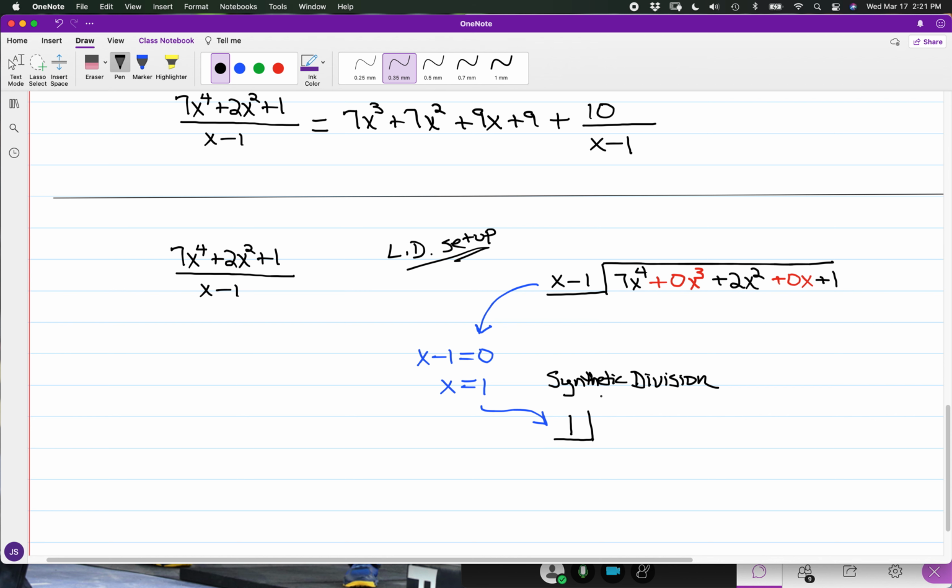So you're not going to see the letter x in the synthetic division setup. Instead, you're going to have the 0 from the divisor and the coefficients representing the dividend. So we're going to have 7, and we're going to insert the zeros, signifying that there are missing places for particular degrees in the polynomial. So we have 7, 0, 2, 0, and 1.